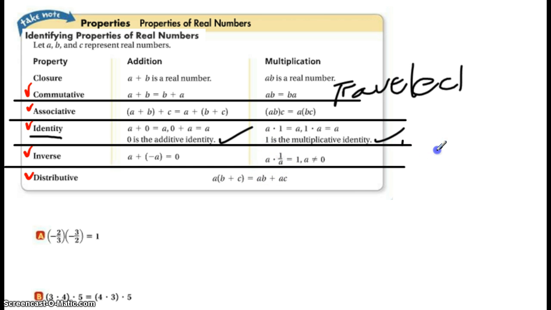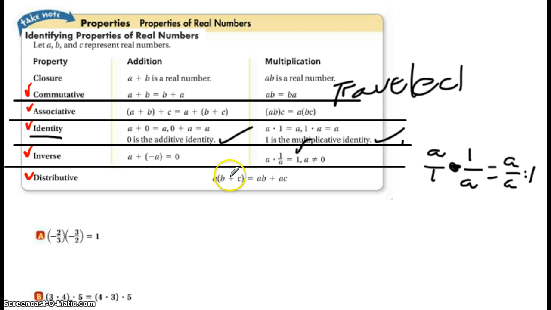So if you think about it, A is the same thing as A over 1, and if you multiply that by 1 over A, and just multiply that straight through, you're going to have A over A, which is the same thing as 1. Which is exactly what happened here. It's the inverse property. This comes in really handy when you're trying to simplify fractions. We'll talk more about that later as the year goes on.